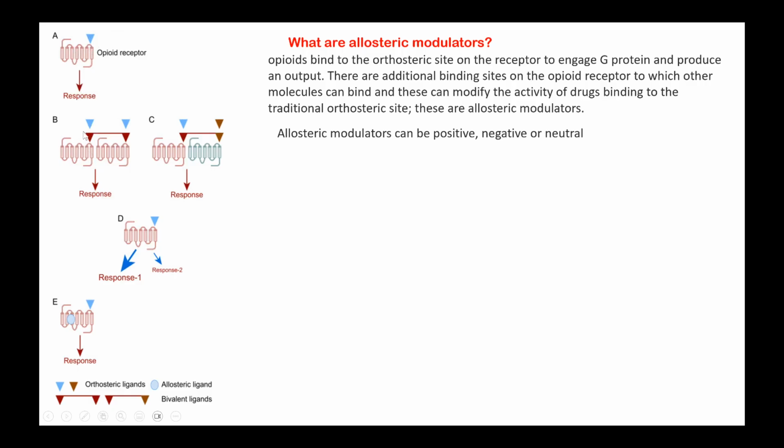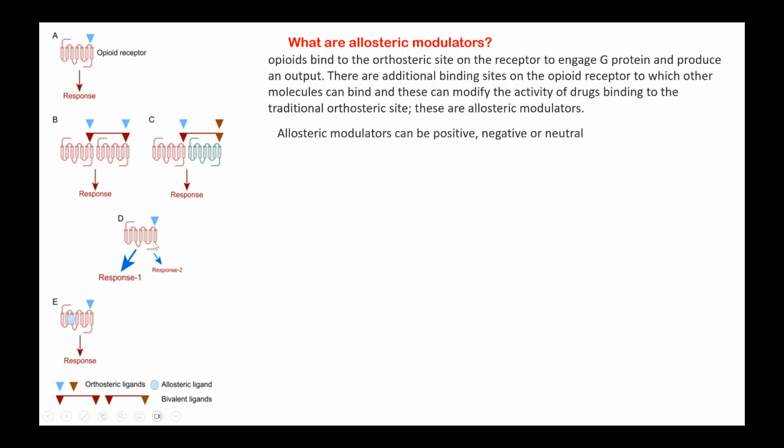This can be a single ligand, which is called a univalent ligand, which causes the stimulation. Or it can be a bivalent ligand, where two ligands come and attach to the adjacent two sites of the G protein. This can be either a brown triangle or a blue triangle, and they also produce the same response.